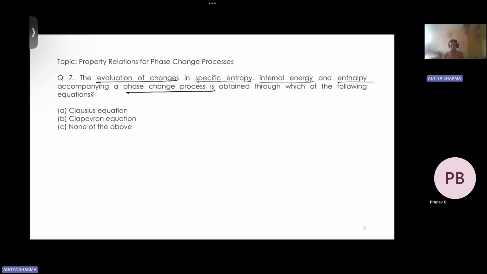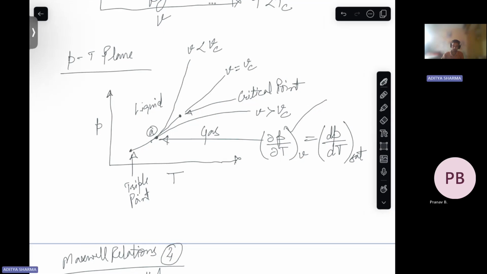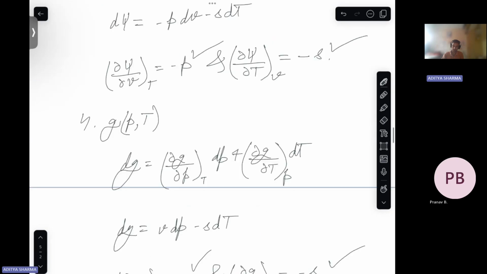So we discussed Clapeyron equation, and there we discussed how, if water changes from gas to fluid, right, or vice versa, in that case, how these thermodynamic properties of the system change, and we derived it using a Maxwell relation. Okay. So here it is, Maxwell relations.